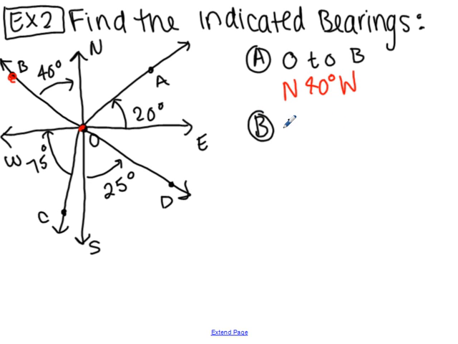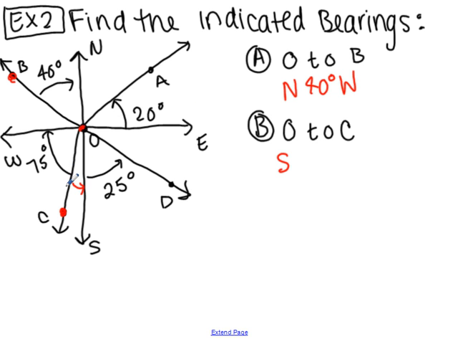The second one is O to C. So let's find C. It's right here. First, I notice it's in the second half on the bottom, so it's south. My angle, is my angle with the north-south line? It is not. It's touching the west-east line, and I want it north-south.